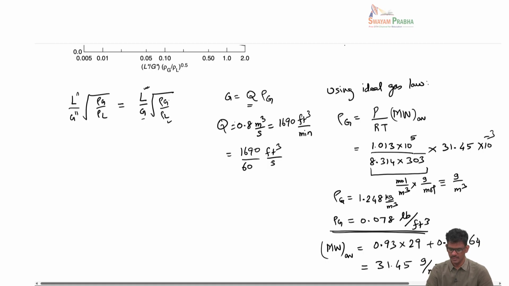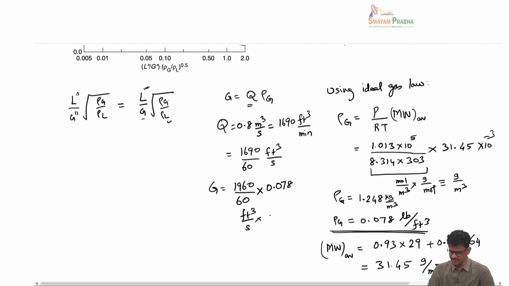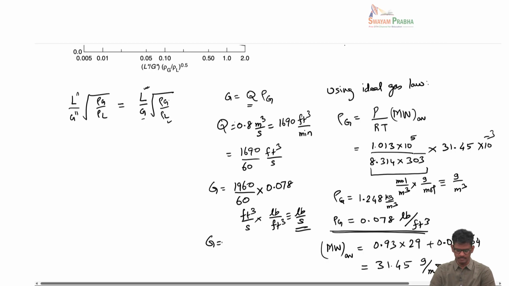Then G would be 1960 over 60 multiplied by 0.078, and the units would be feet cube per second times pound per feet cube, so you basically get pound per second. That's the mass flow rate in English units, and you will get 2.197 pound per second.